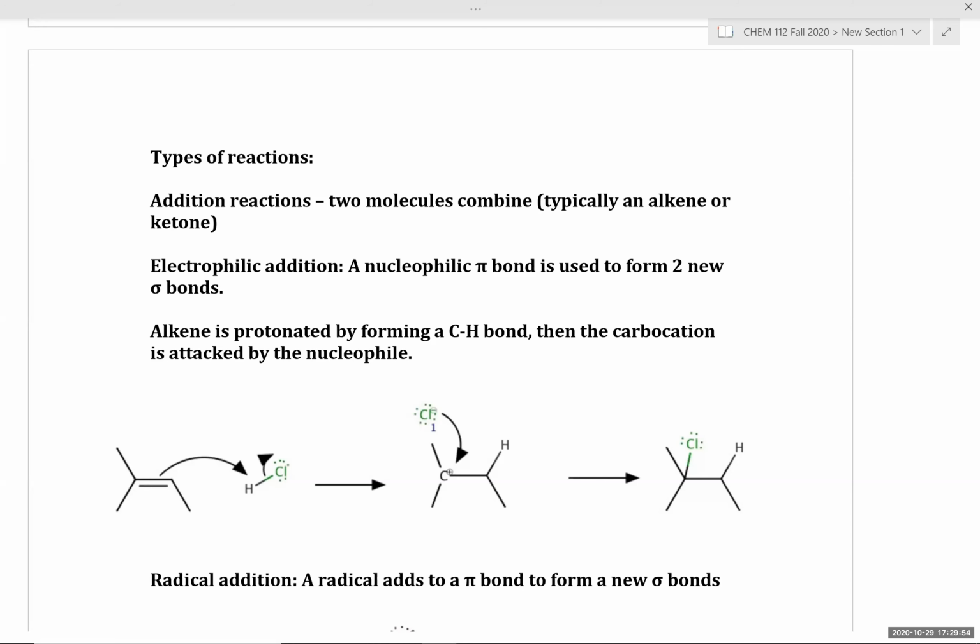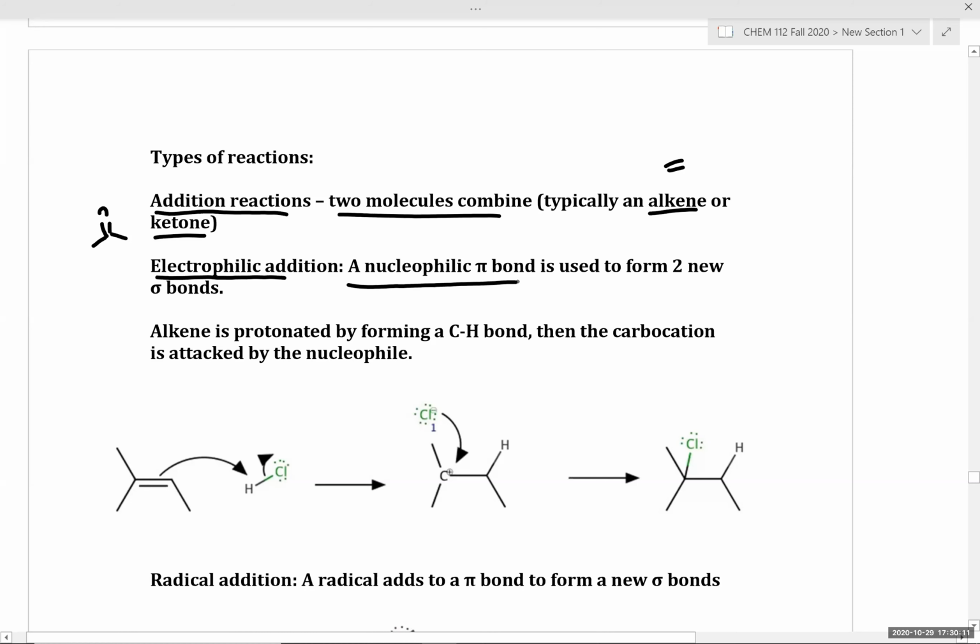So, with that said, the first major type of reaction that we're looking at is an addition reaction, where two molecules will combine, typically involving an alkene or a ketone. Okay, so in electrophilic addition, a nucleophilic pi bond is used to form two new sigma bonds. So we have our pi bond, and in this case, an alkene is protonated by forming a carbon-hydrogen bond, then the carbocation is attacked by a nucleophile.